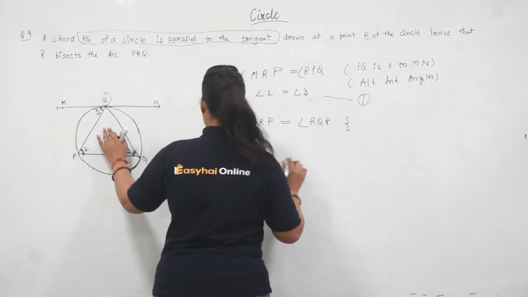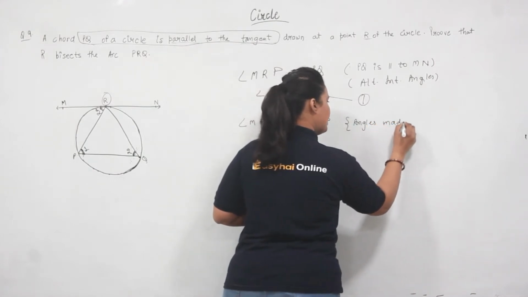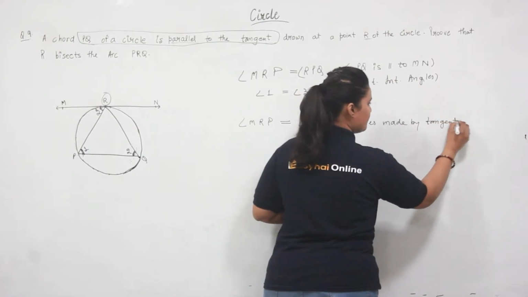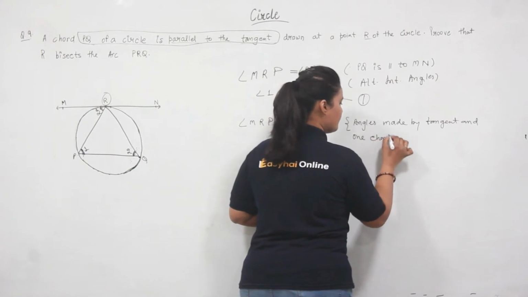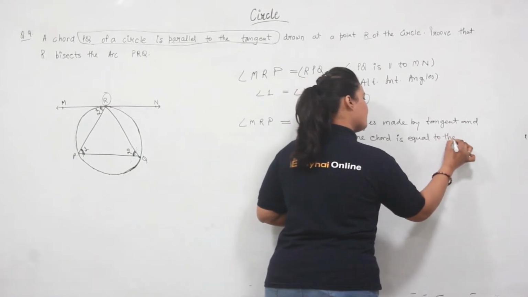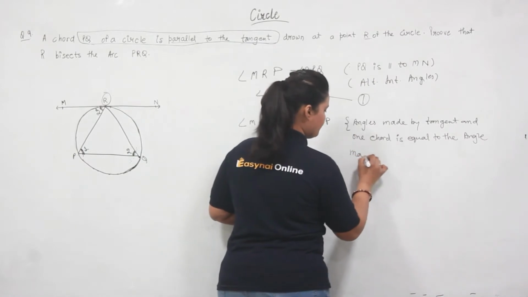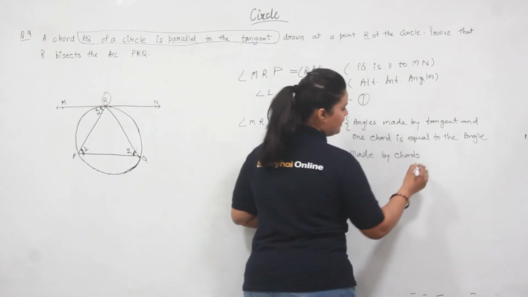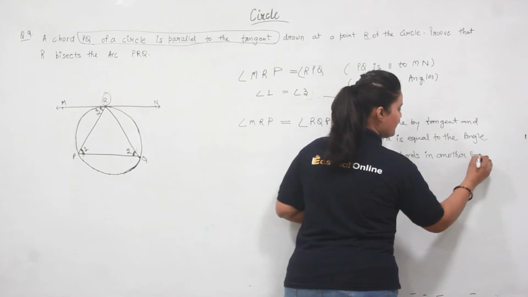Because the angle made by the tangent and one chord is equal to the angle made by the chords in another segment.